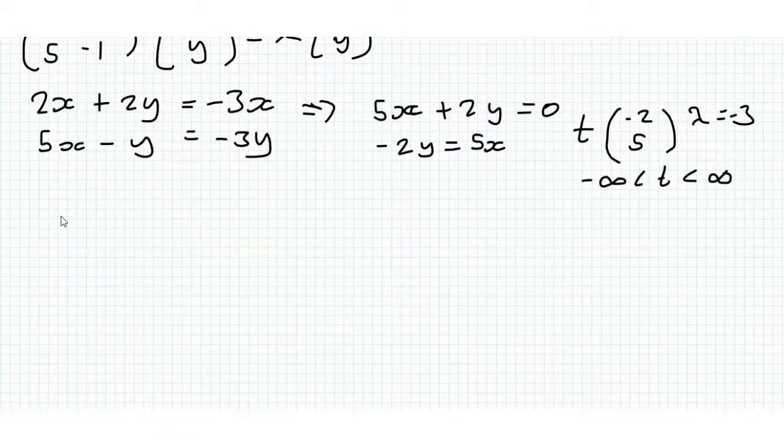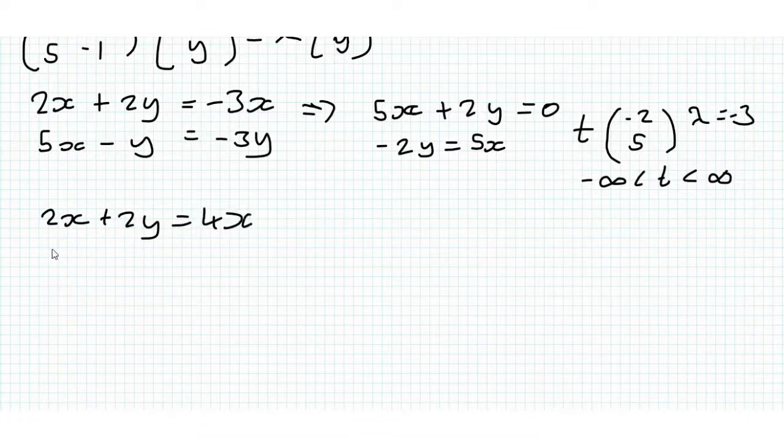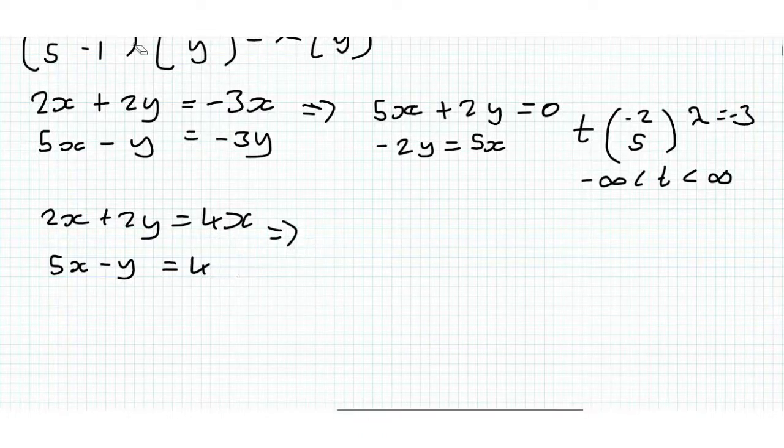Next up, we're looking at when lambda is equal to 4, and that gives us 2x plus 2y is equal to 4x, and 5x minus y is equal to 4y. This just leads us to the equation x is equal to y for both.